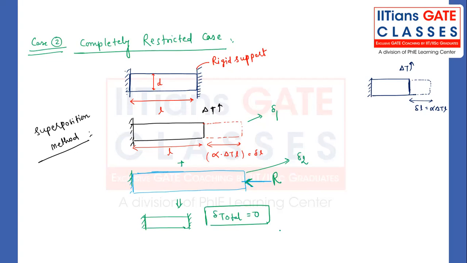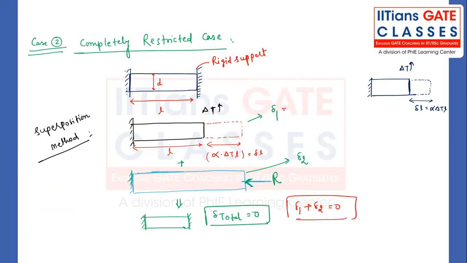After some point of time, we place the support back, and it will offer reaction forces, as everybody knows. Try to understand keenly and patiently that delta 1 plus delta 2 has to be 0.